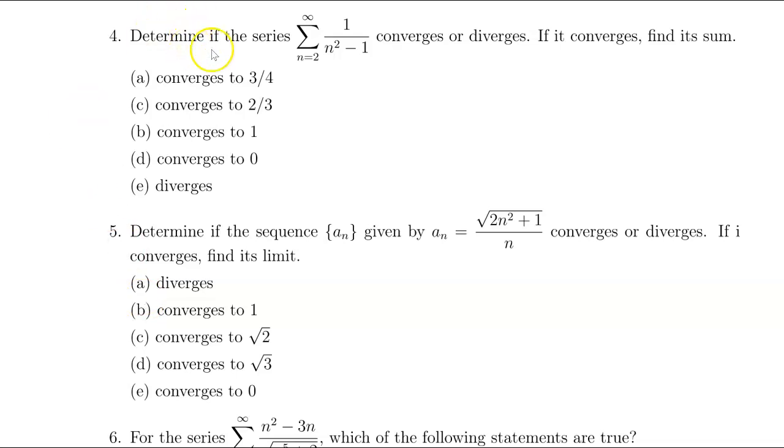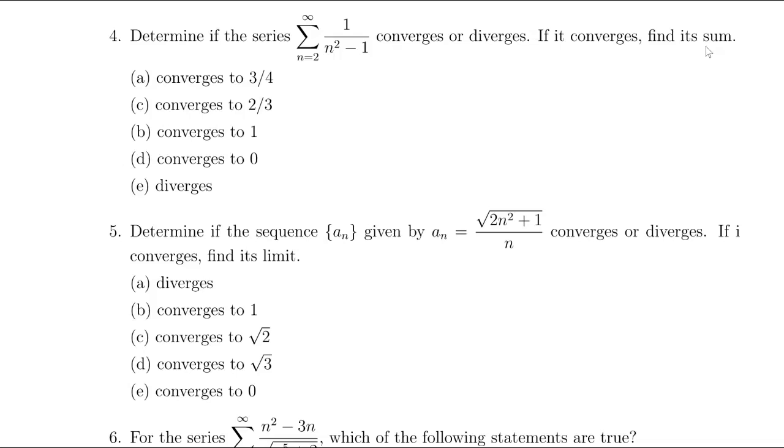For this next question, we are to determine if this series is convergent or divergent. And if it is convergent, you are asked to find the sum. Now, if you are asked to find the sum of the series, that means that your series is either a geometric series or a telescoping series, right?